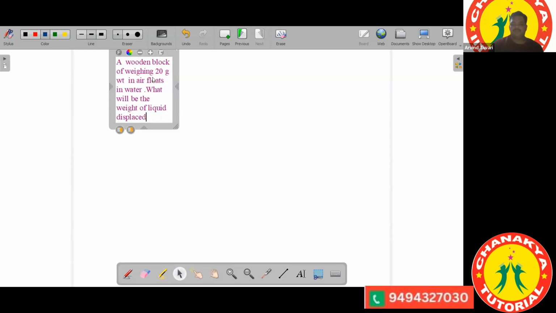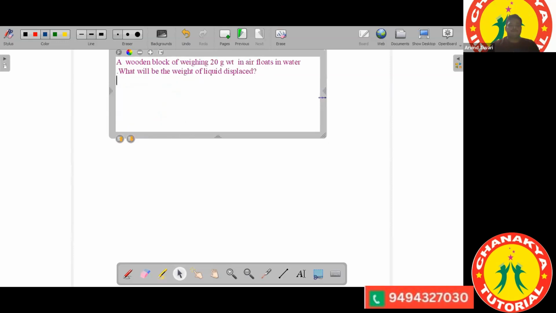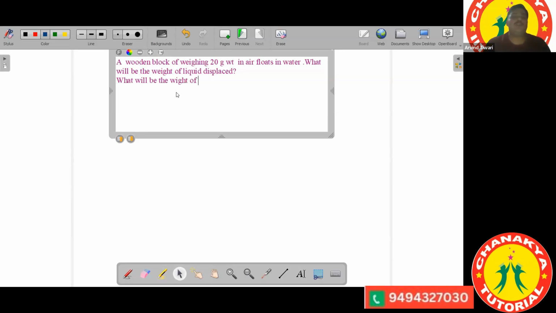Then the second question is, what will be the weight of block in water?